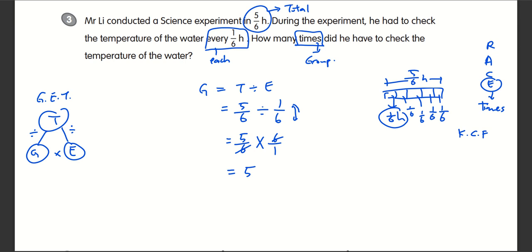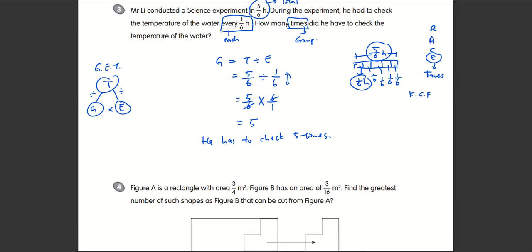You can see that out of this entire 5/6, there are 1, 2, 3, 4, 5 1/6 in it. So that's how the division works and the keep change flip works. In the model drawing, because these are two friendly fractions, it's easier to find. So he has to check 5 times. Okay, so that's the first one, question 3.